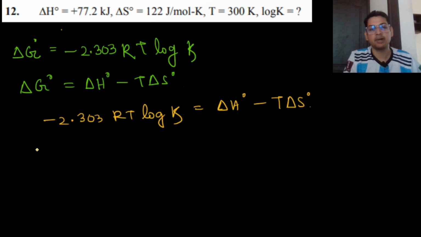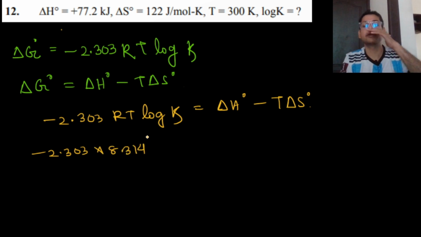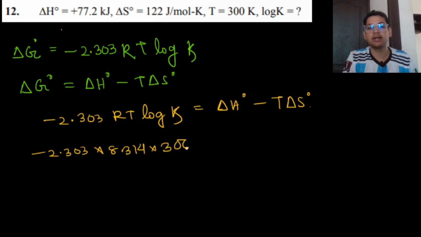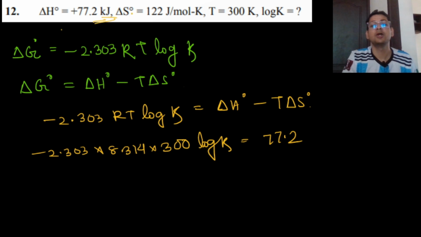Okay sir, then minus 2.303, R value is 8.314, that means I am putting the value in joule. T value I'll put as 300 Kelvin, log K equal to delta H value 77.2, but you see that value is in kilojoule. I already put R as 8.314 for joule, so it will be in joule unit.